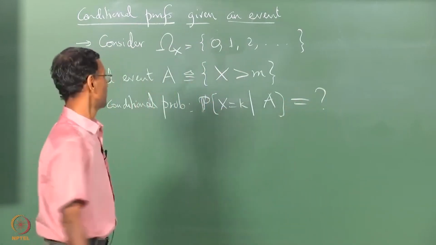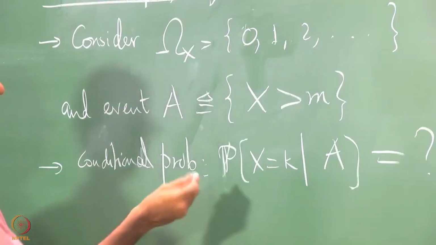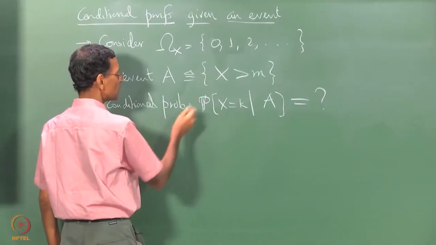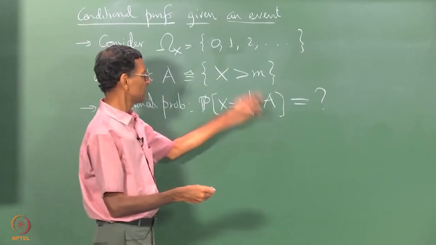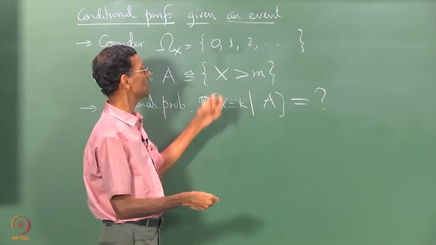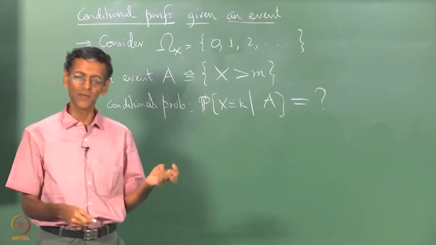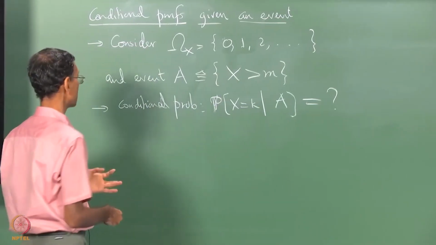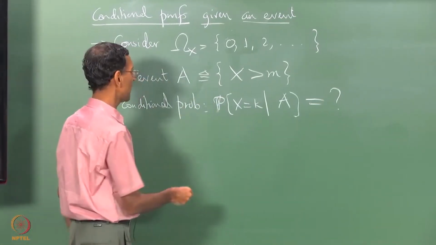If I take any A, you cannot go beyond this, but for this particular A and for example the geometric PMF we can derive a very interesting result. So that is what I am going to look at now.